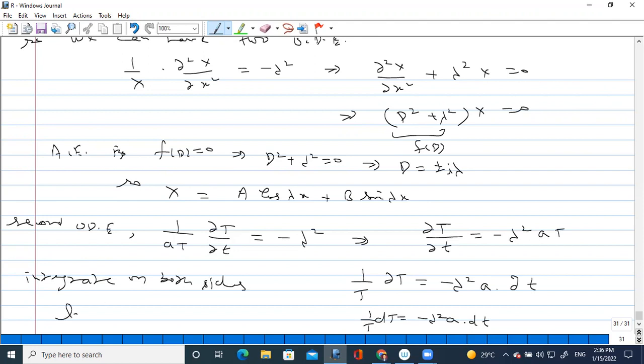So it will become ln T equal to minus lambda square a into t. So here T can be e to the power minus lambda square a t, and some constant will be there. Okay, so that constant I can write here also. That is the constant c. That integral constant can be adjusted here, so I'm writing it c. So a, b, c, there are 3 constants right now. Understood? So you can note this down.